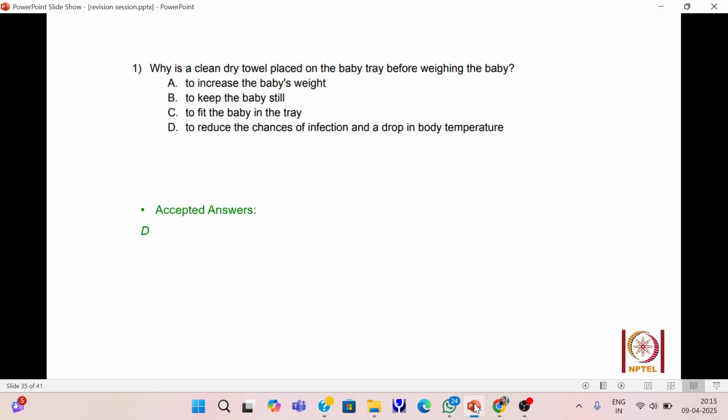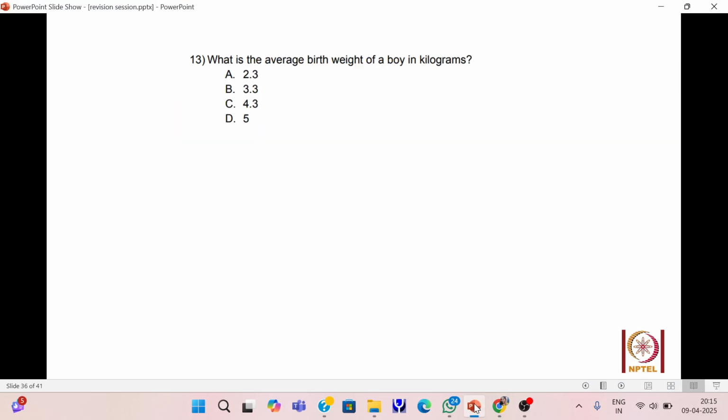The correct answer is D, to reduce the chances of infection and a drop in body temperature.